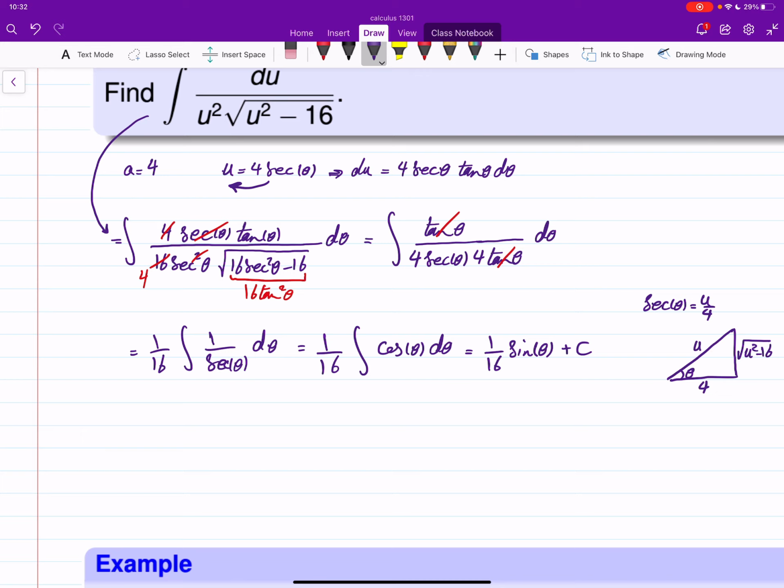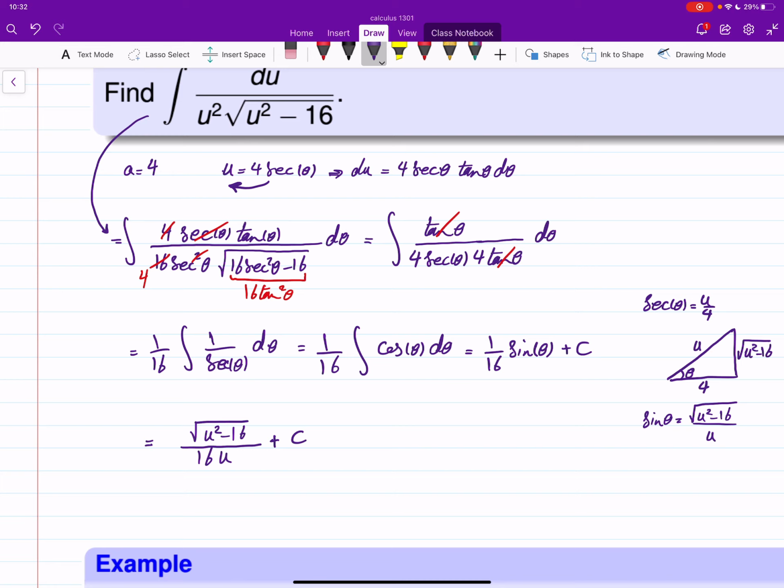And then sine theta is always defined as opposite over hypotenuse, yes? So that will give me 1 over 16 times, in the numerator, the square root of u squared minus 16. In the denominator, there is a u, and then plus C.